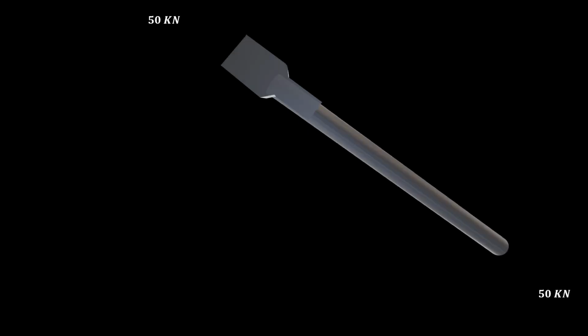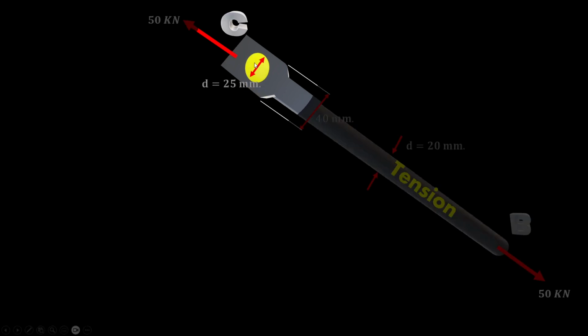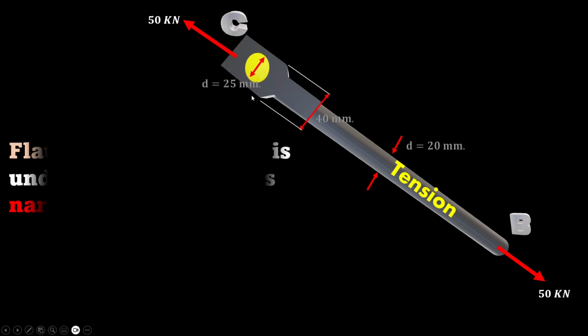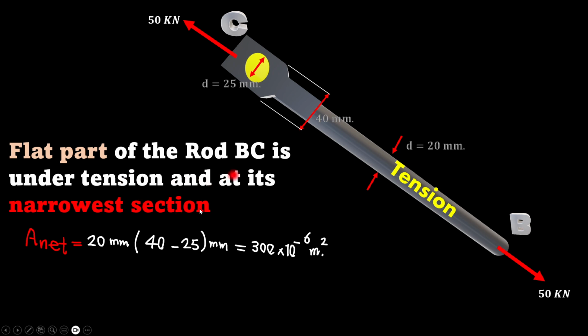Let's jump to a different section of rod BC. The flat part we are talking about is this part of rod BC, almost at the connection. The flat part of rod BC is under tension at its narrowest section.